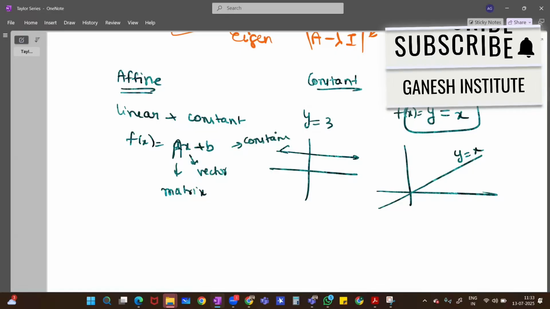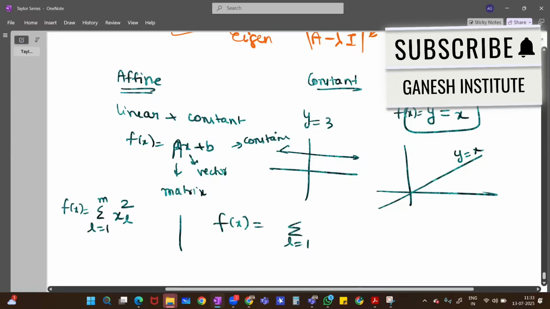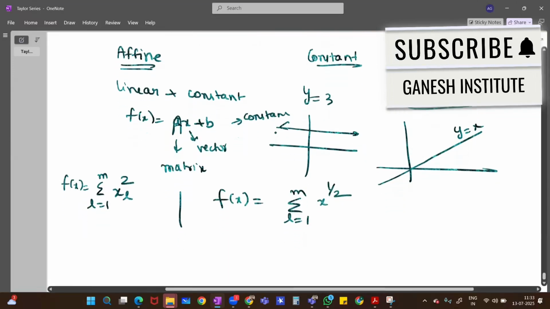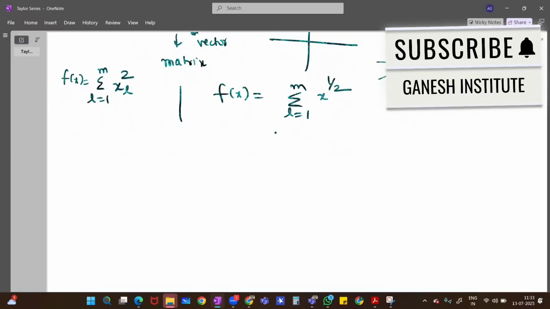Why am I telling you this? Tell me, if you have x square, any value here, x1, x2, x3, this can range from 1 to m, and you have x raised to power 1 by 2, which is convex and which is concave? Ma'am, the left one is convex and the right one is concave.